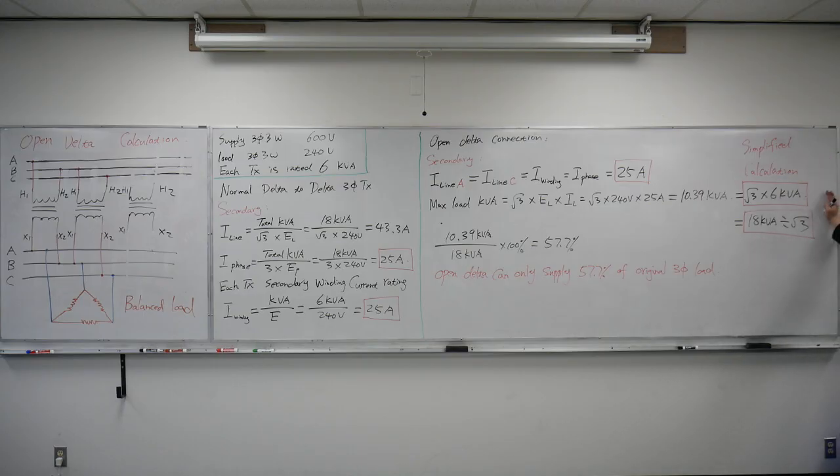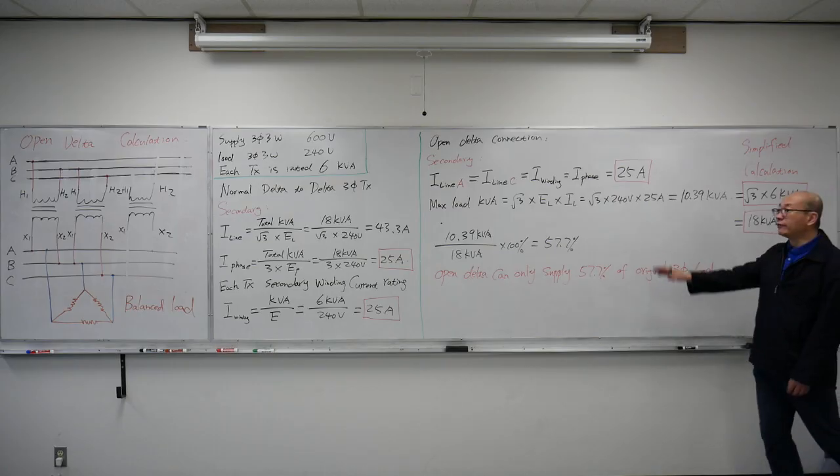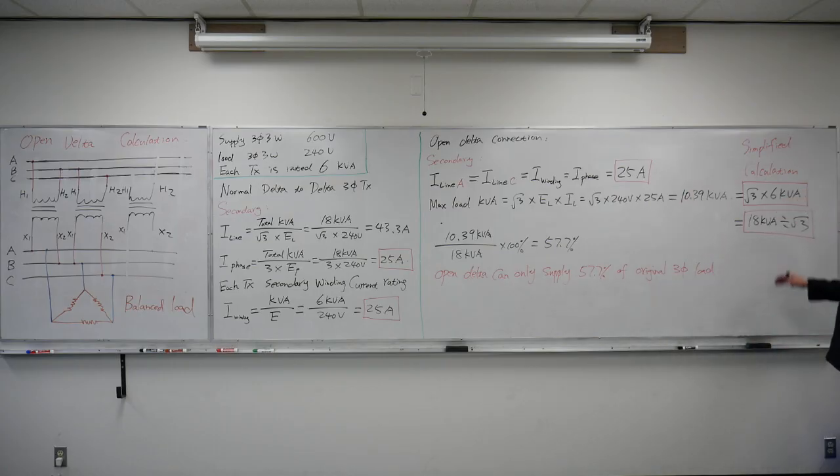If you want to find the maximum load kVA that can be supplied by the open delta connection, each transformer is rated for 6 kVA, so the maximum load is √3 times each transformer's kVA rating. Or, if I have three transformers, 18 kVA divided by √3 will give us the same maximum kVA rating for this open delta transformer bank.